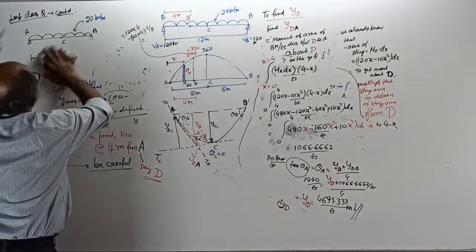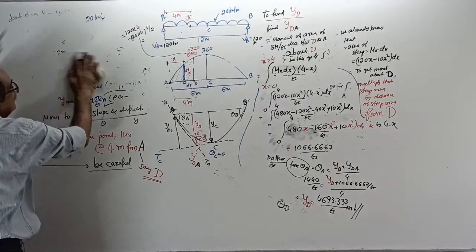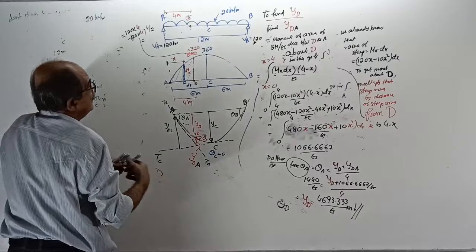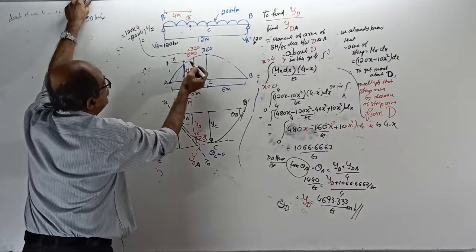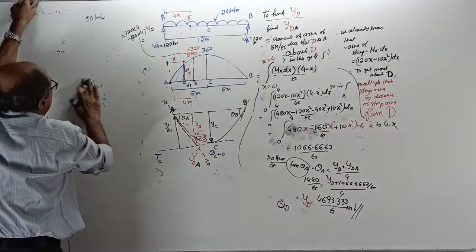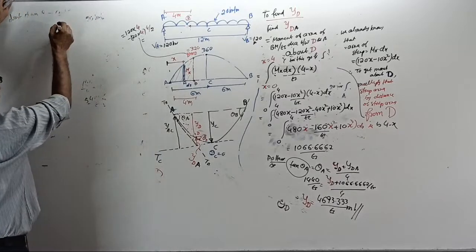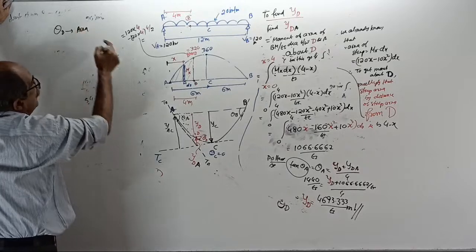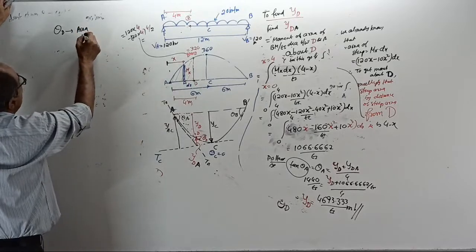See now, what I will do. We want what? To get theta D, we want the area from where to where?